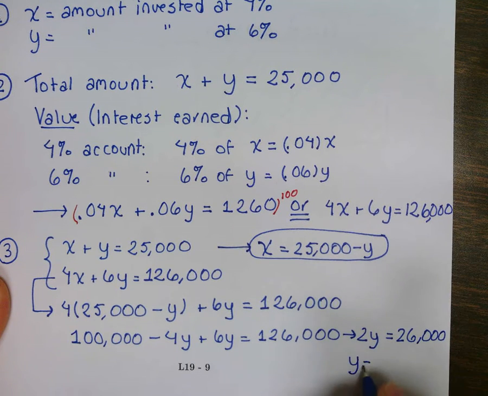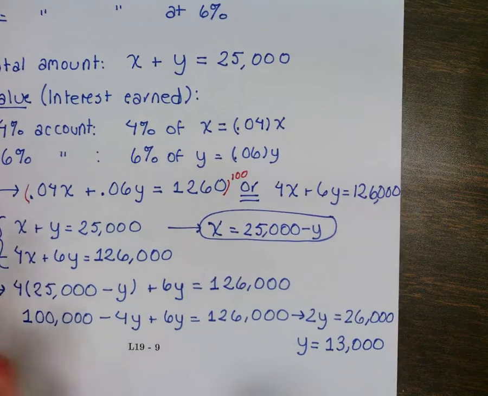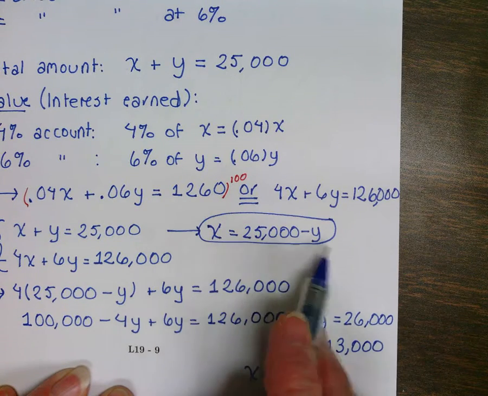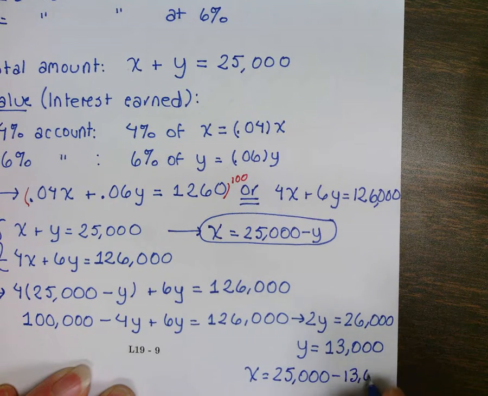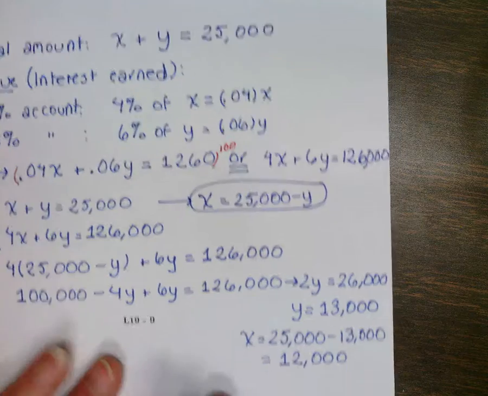So y equals 13,000. And then x, remember, was 25,000 minus y, so it's 25,000 minus 13,000 equals 12,000. Okay.